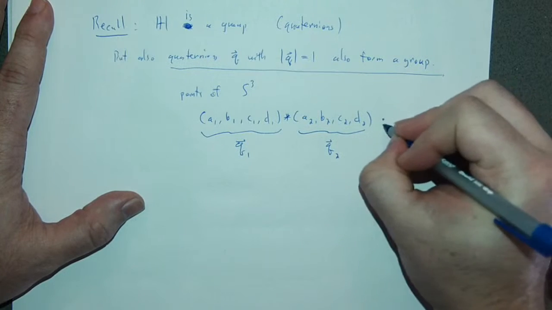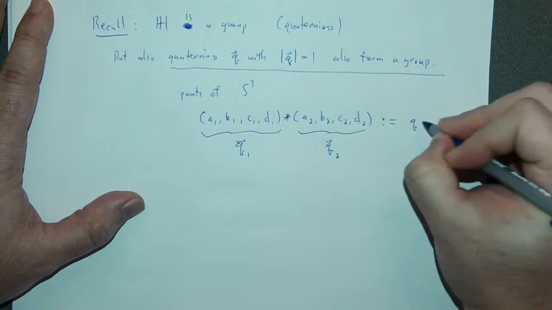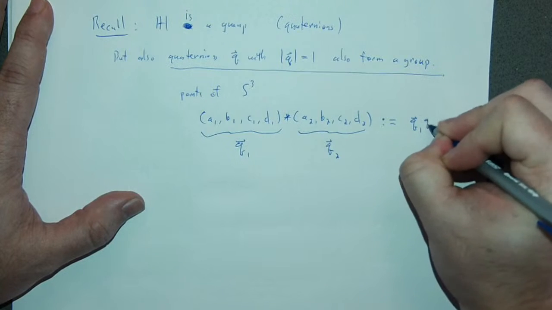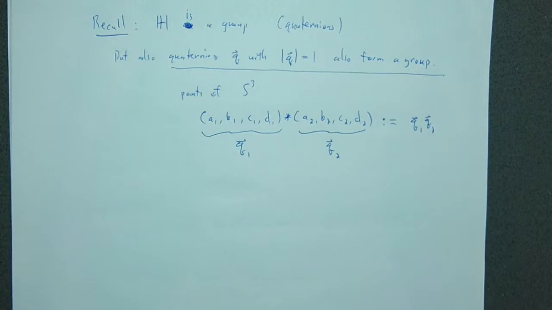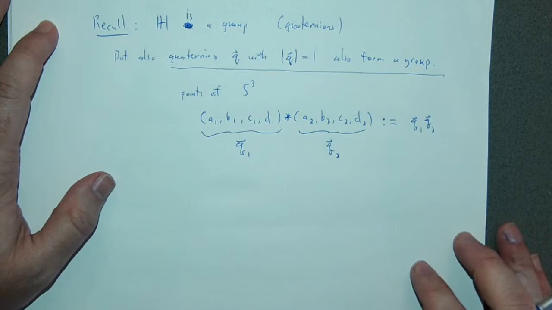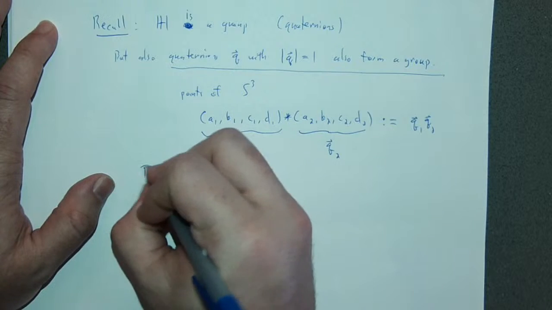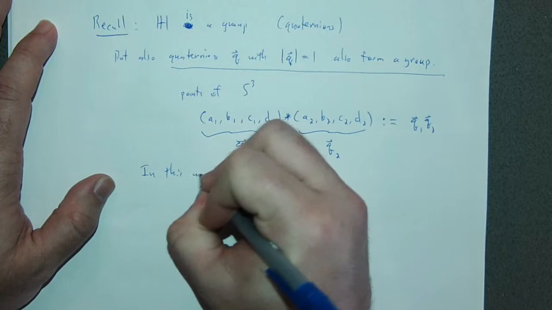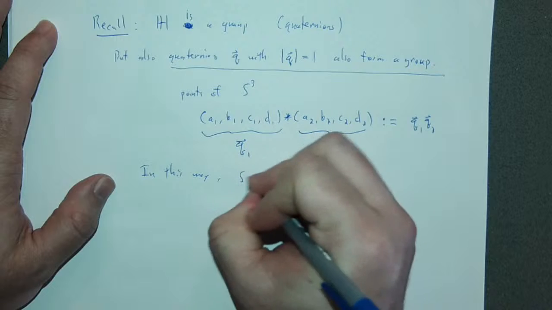And so I define this product to be Q1 times Q2, the product occurring in the quaternions, the usual way that you just multiply quaternions. Right? And so in this way, S3 is a group.